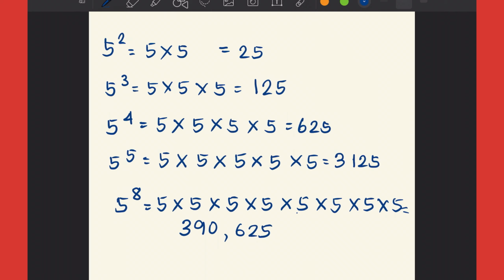So 5 to the power of 8 means 8 fives multiplied together. As you can see, the answer gets very big quickly.